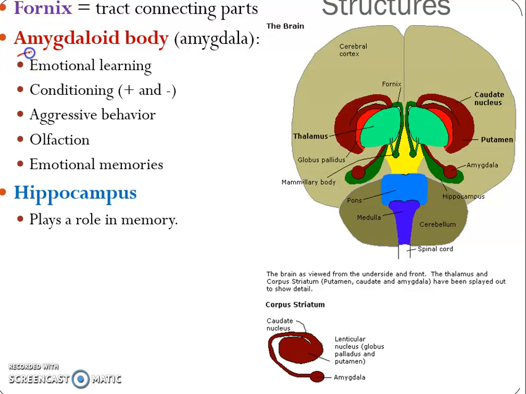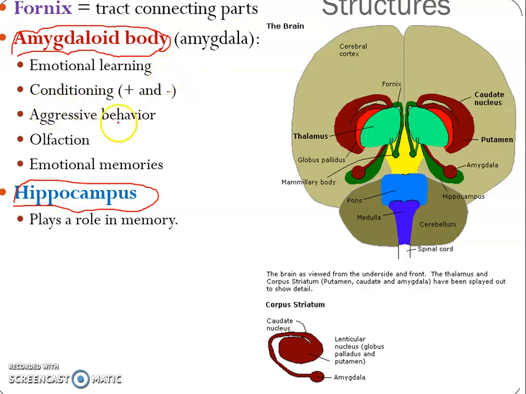Two of the more important ones are the amygdaloid body and the hippocampus. We're not going to worry on the models of the brains where those actually are. We're worrying more about what their functions are. The amygdaloid deals with emotional learning. So you've heard of operant conditioning. You get a reward or you get a punishment. That helps deal with it.